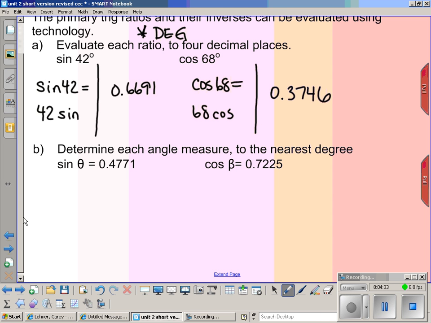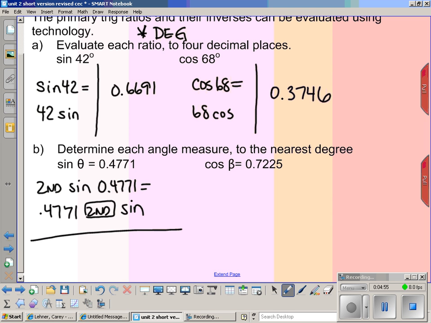Now think back to when we did tan of an angle equal to a decimal value. You used your second function or your shift key. So you would be going second function sine 0.4771 equals, or you'll go 0.4771 second sine. Whichever of those you use, we want to go to the nearest degree, so that means the nearest whole number.